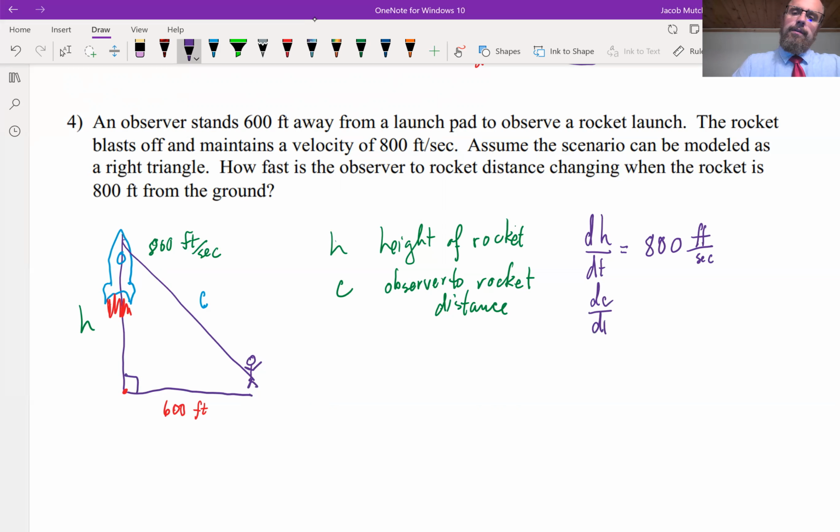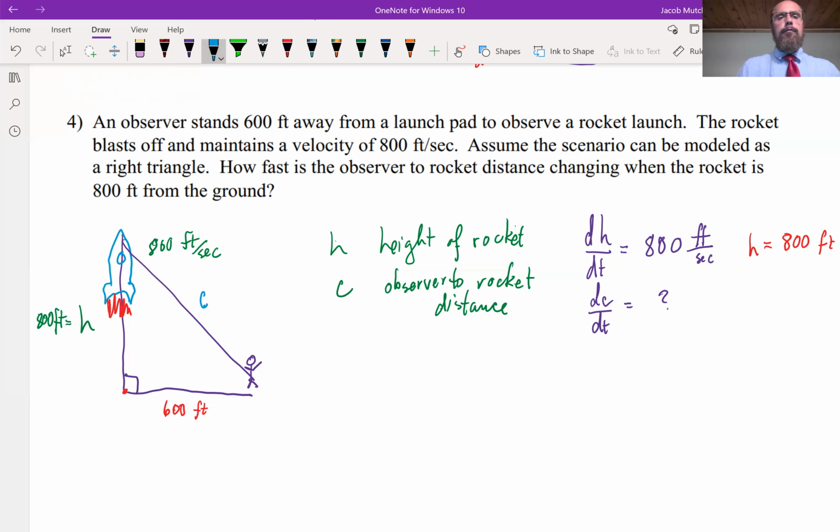How is the rate of change of that distance from the observer to the rocket changing, specifically when the rocket is 800 feet from the ground? So that's that third piece of information, the specific data that I can pull. At the height is 800 feet. So I will label that over here on our diagram as well, that we're really interested in the moment when the rocket is 800 feet above the launch pad.